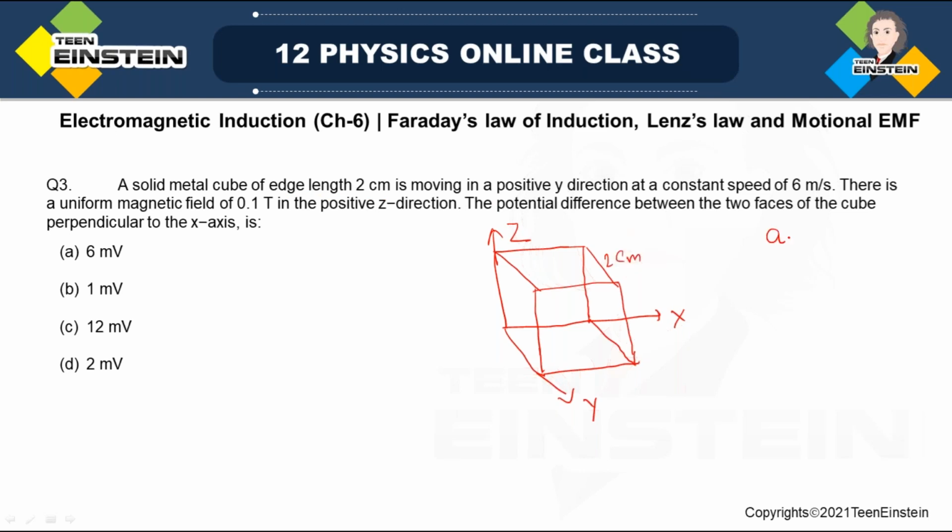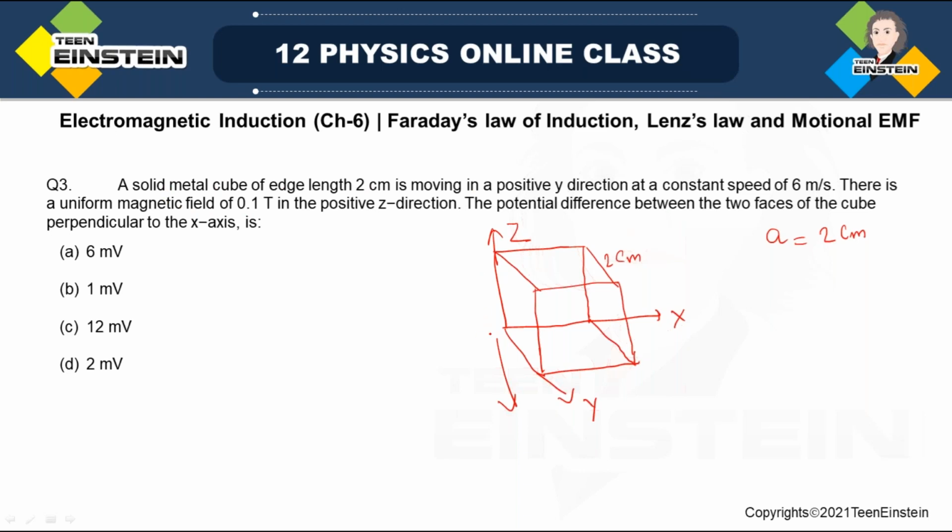Let us say a is the side, 2 centimeter, and it is moving in the positive y direction. There is a uniform magnetic field in the z direction.